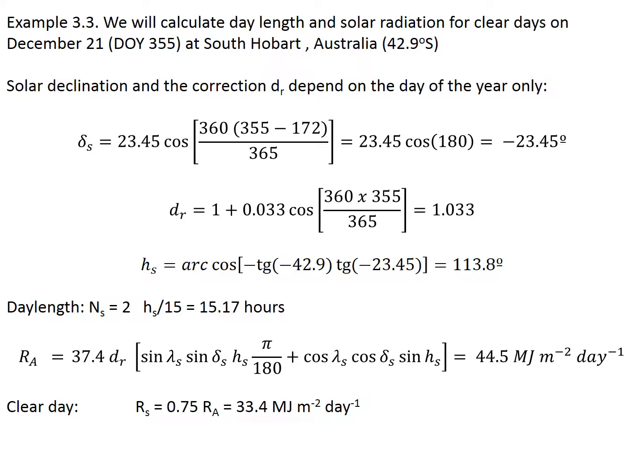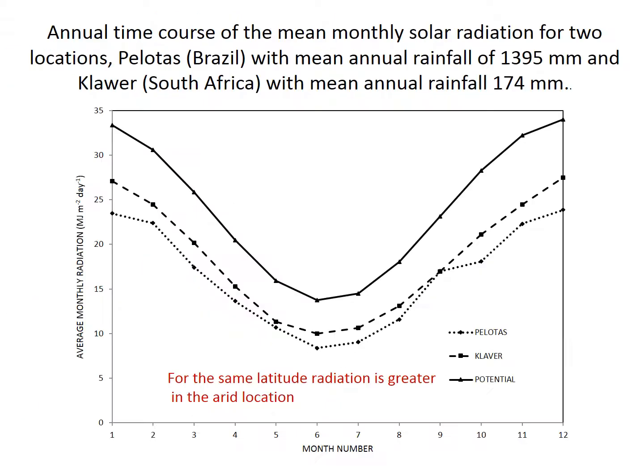And we arrive at a value of 44.5 megajoules per square meter per day. Finally, we assume that for a clear day, solar radiation is 75% of extraterrestrial radiation, and we come up with a value of 33.4 megajoules per square meter per day.